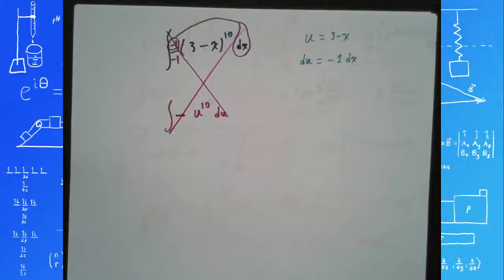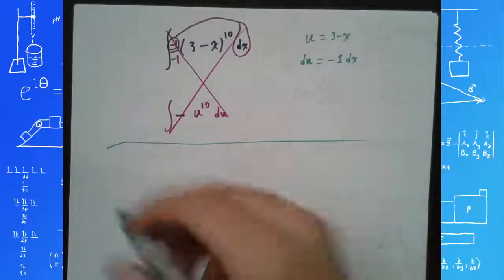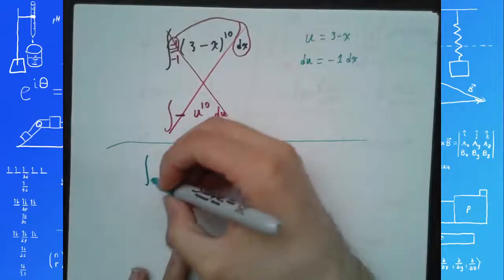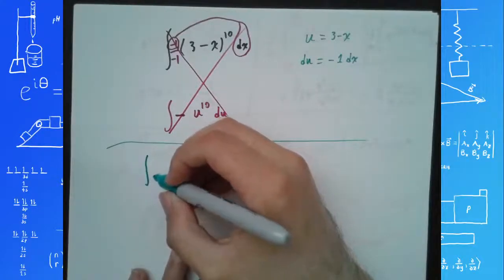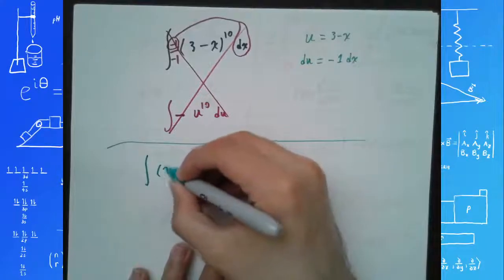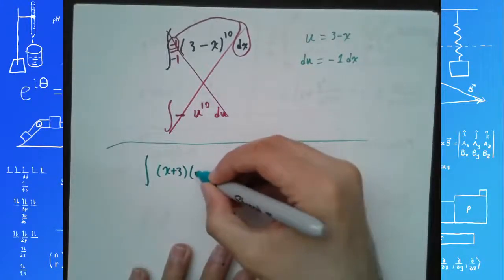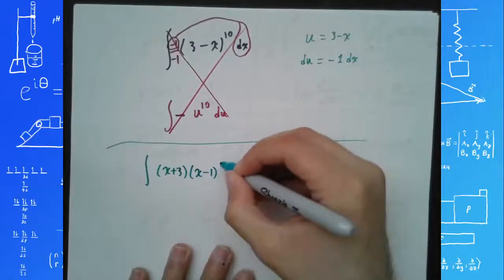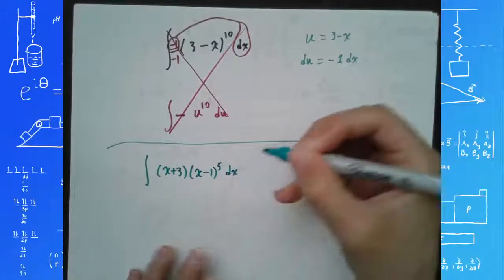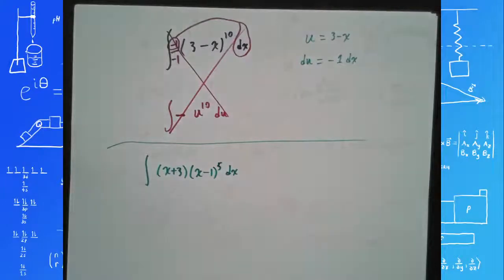Okay, I've got one. So we've got the integral of x plus 3 times x minus 1 to the 5th dx. Okay, how would we integrate this using u substitution?